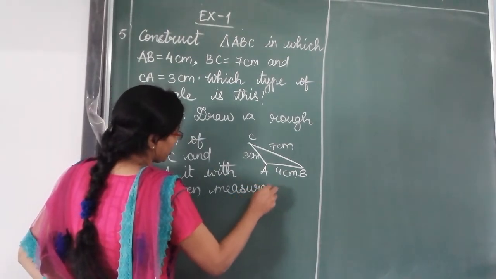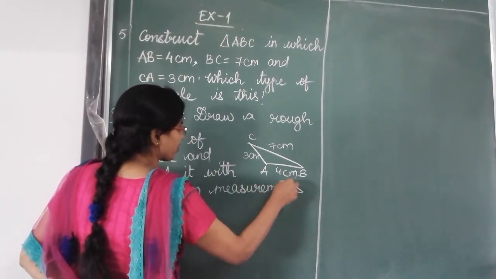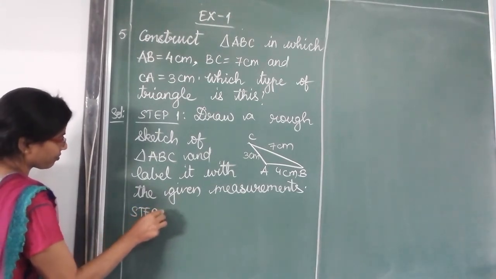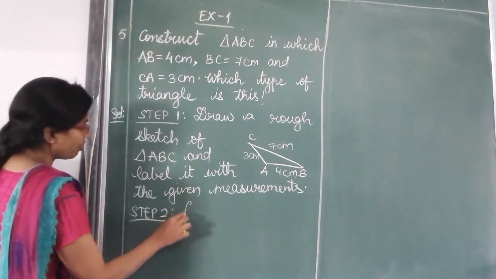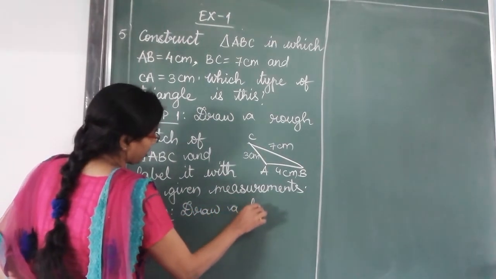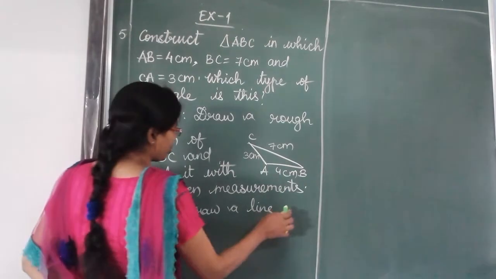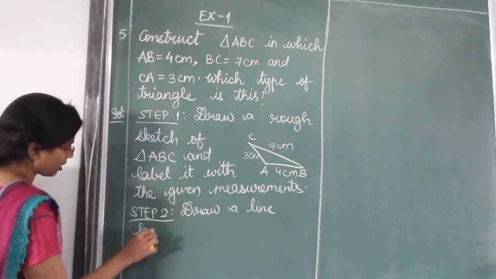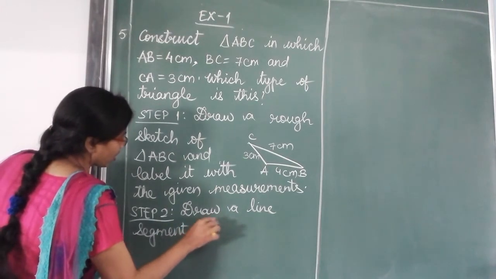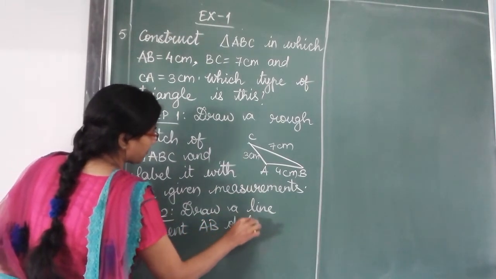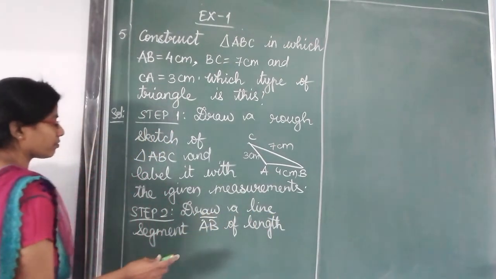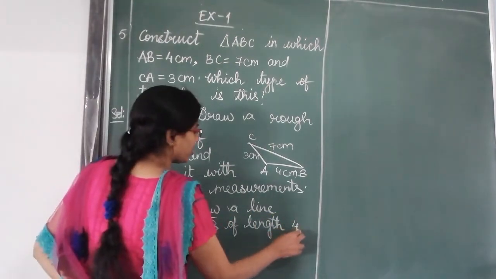Now what is the second step that we need to do? Very good. Step 2 is draw a line segment AB of length 4 centimeters.